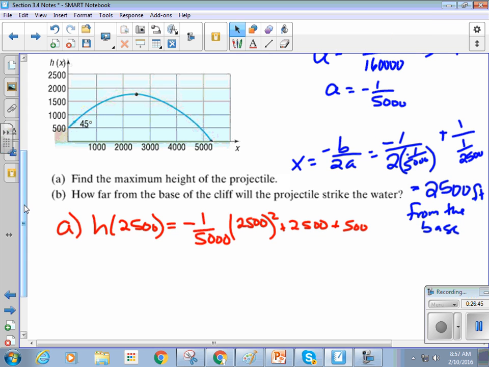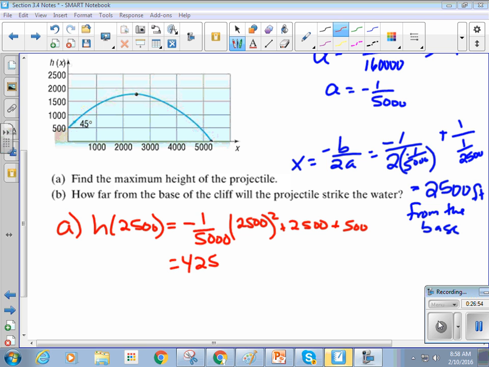Go ahead and do this calculation. All right, when I do my calculator chugging, I get 4,250 feet high.